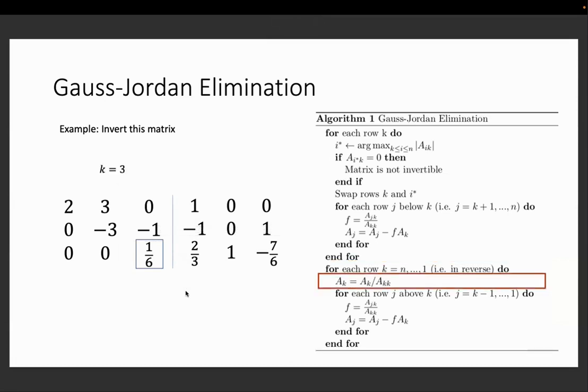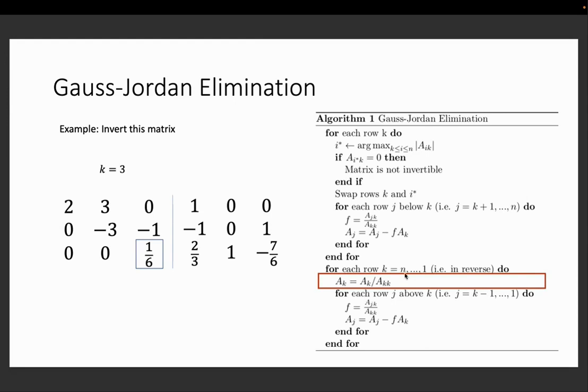So for example, here, similarly to the first for loop that we had, but in a different direction, because in the first loop the direction was from k is equal to 1 to n, and then in the second for loop we have k is equal to n down to 1.